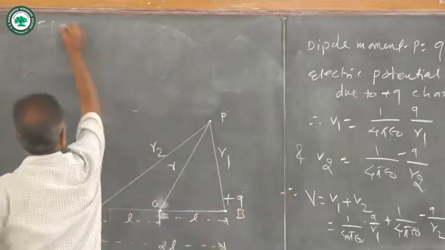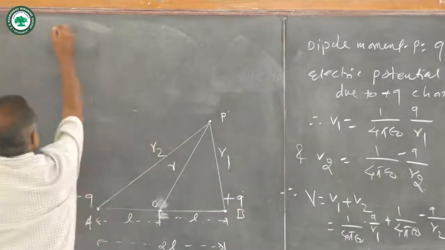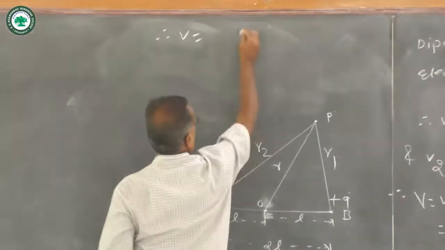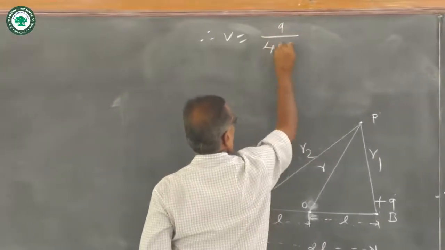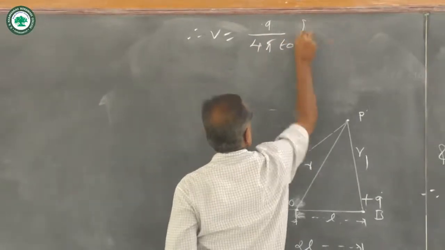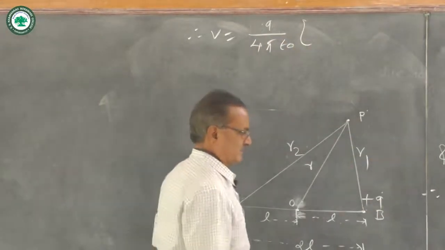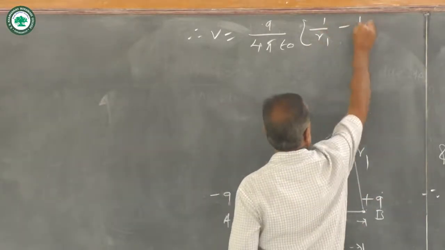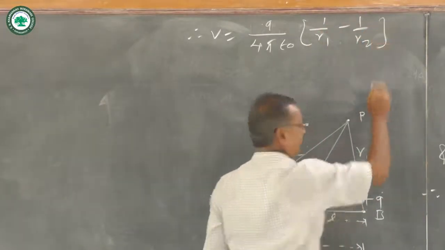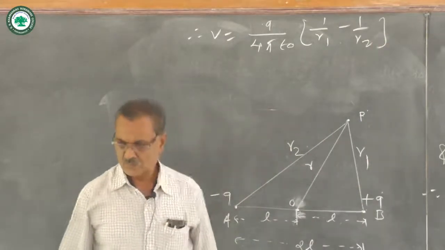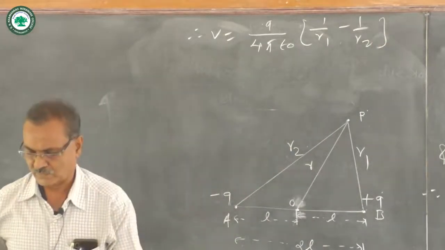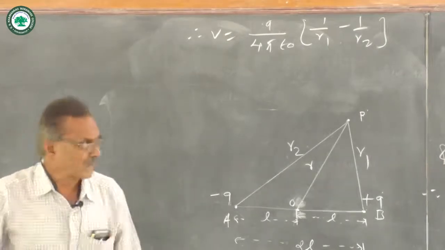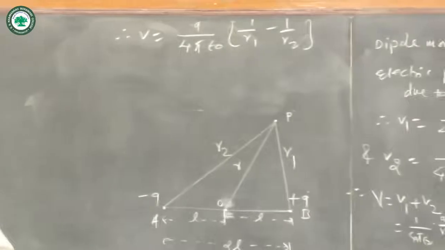So phi equals q upon 4 pi epsilon naught, in brackets, 1 by R1 minus 1 by R2.